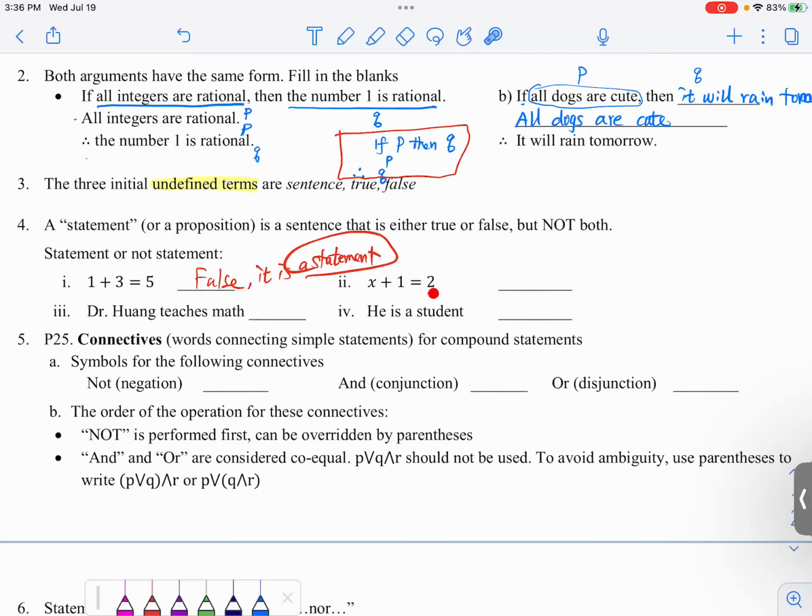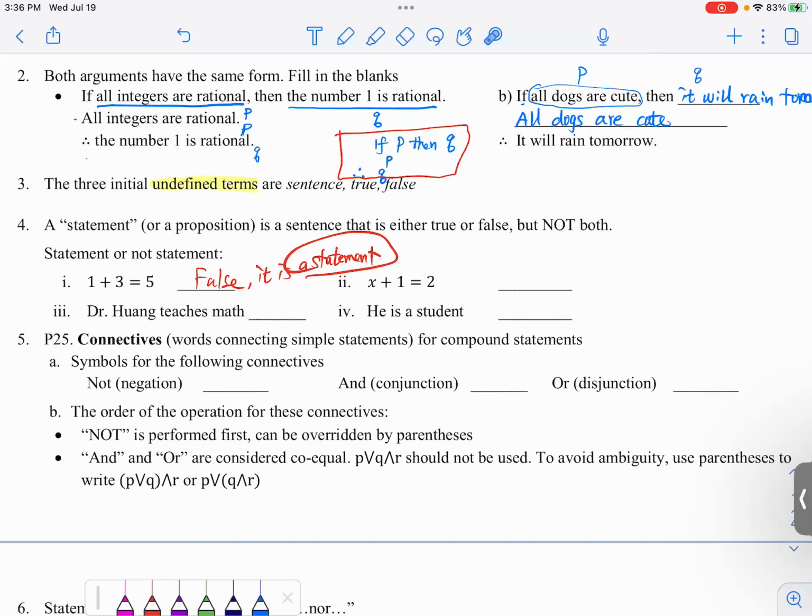Now x plus 1 equals 2. Is this a statement? Then you just ask yourself, is that true or false? Some of you say, well, when x is 1, this is true. But when x is other values, then this is not true, right? It really depends on what this x is. So therefore, you cannot tell specifically whether it is true or false.